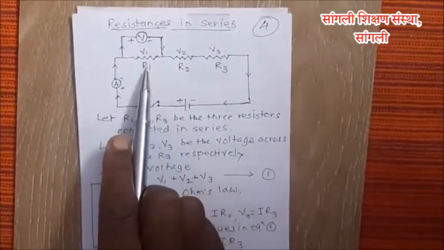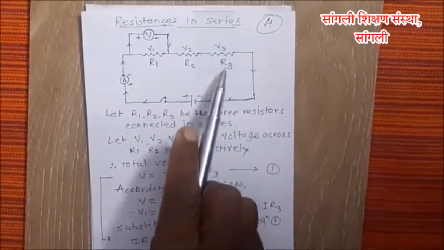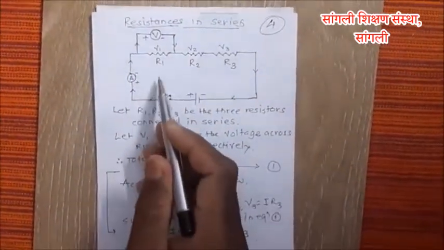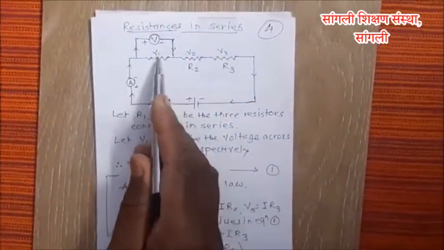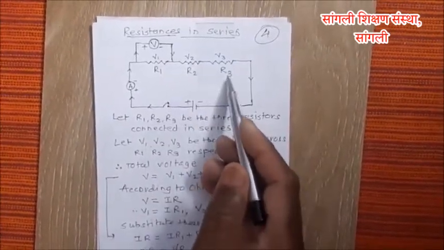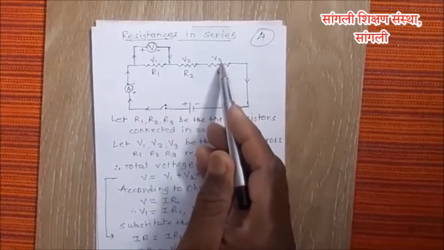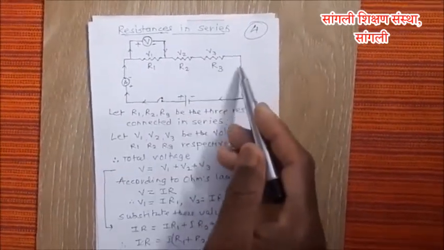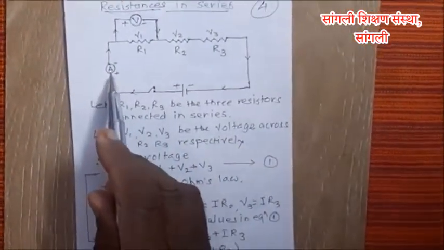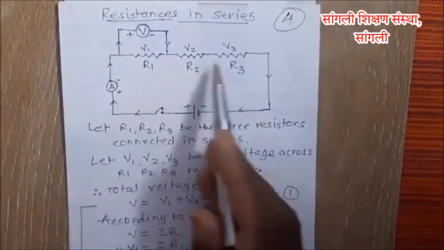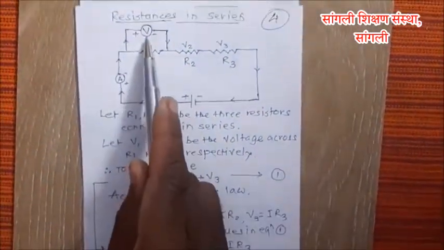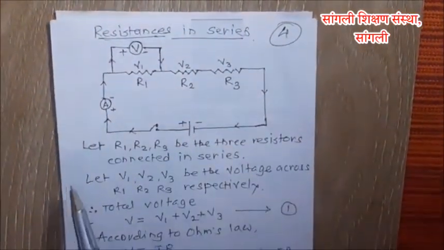The potential difference produced across R1 is V1, across R2 is V2, and across R3 is V3. These are connected between 2 points, and here is the battery. This one is the key K and this one is the ammeter. These are connected in series with each other, where this voltmeter is across this resistance.